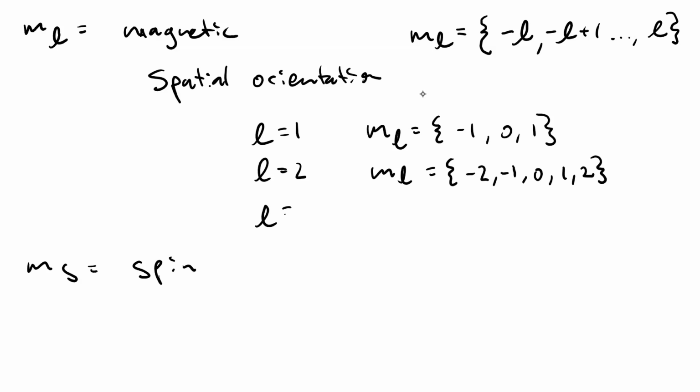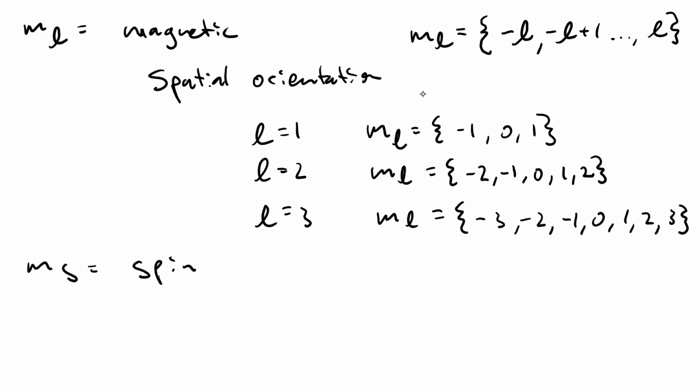When L equals 3, your M sub L values are -3, -2, -1, 0, 1, 2, and 3.